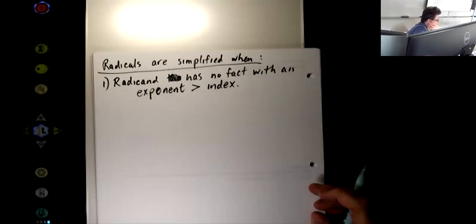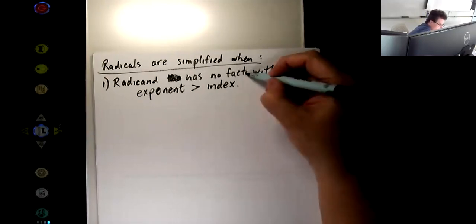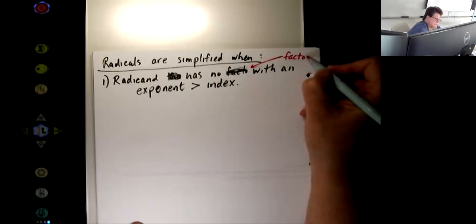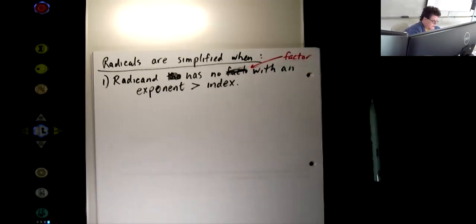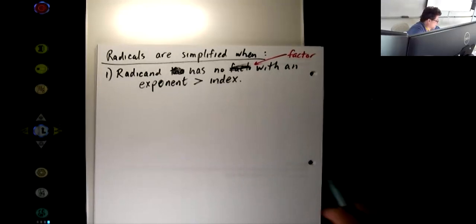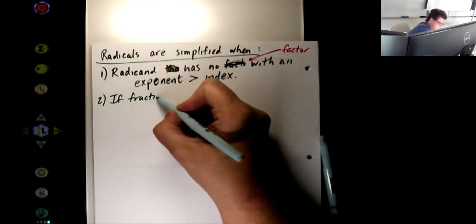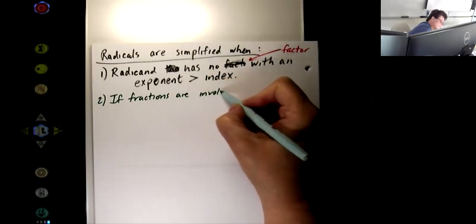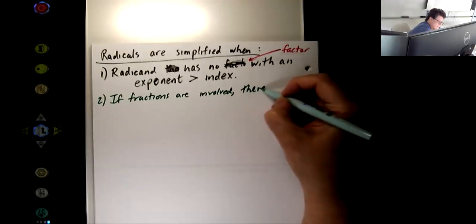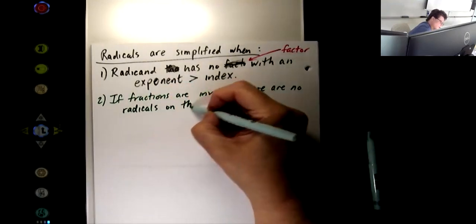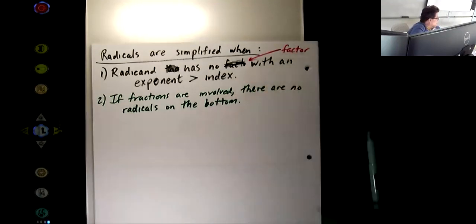If there's fractions involved, there are no radicals in the denominator, or on the bottom, since that's quicker and shorter to write than denominator.